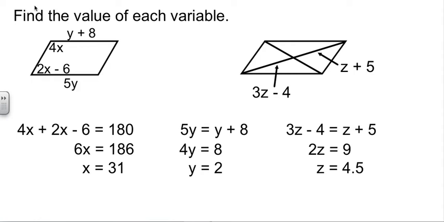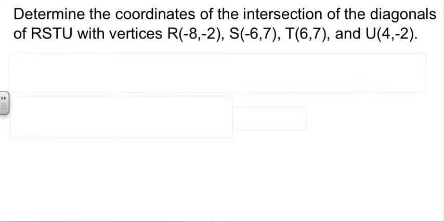Okay. So not too bad. Just have to recognize who's equal to each other and who are supplementary with each other. Now suppose they throw something like this at us. They want us to find the coordinates for the intersection of the diagonals of a parallelogram RSTU given these vertices.